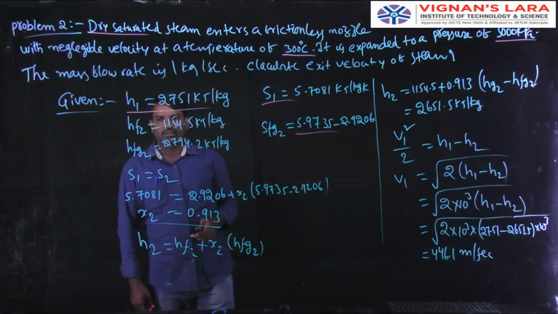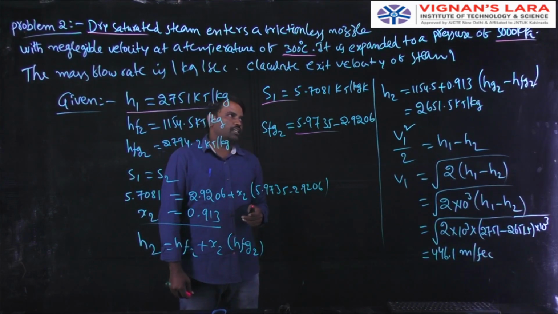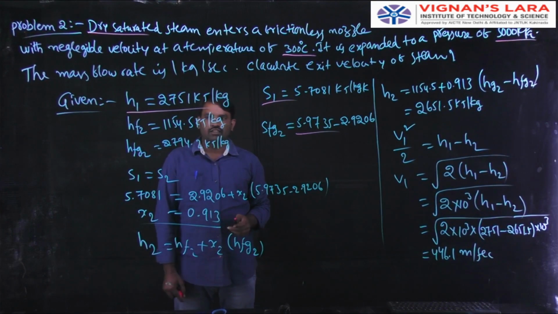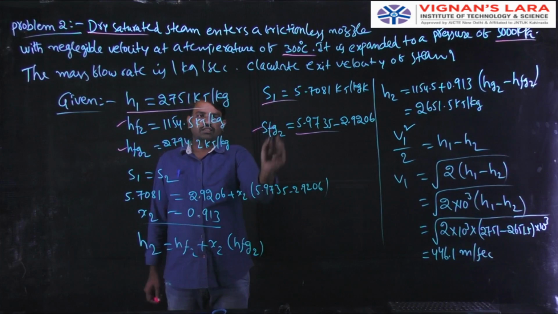You have to convert 5000 kilopascal into bars by converting it into pascals and dividing by 10 power 5, since 1 bar is equal to 10 power 5 pascals. At that bar pressure you have to take the enthalpies HF2 and HFG2 and the SFG2 value.